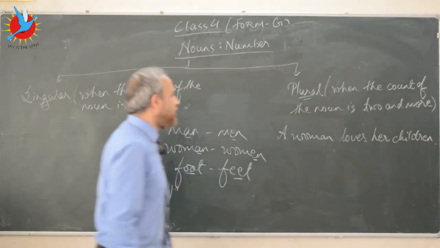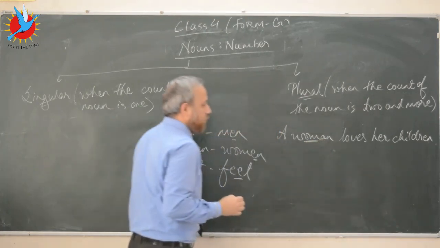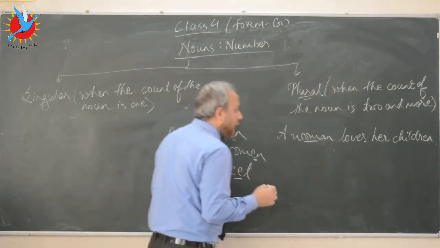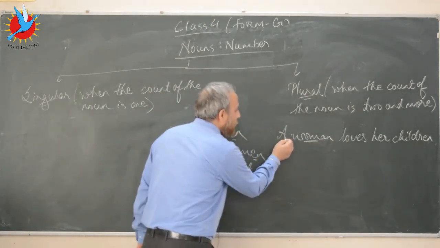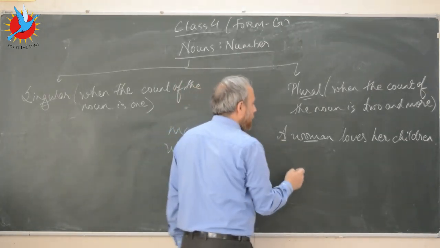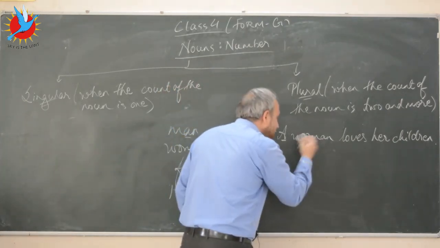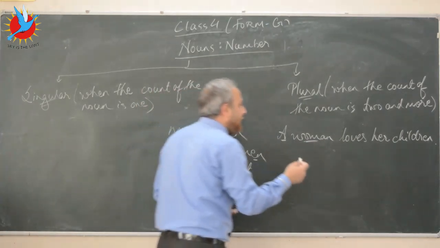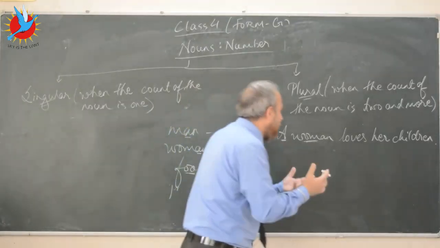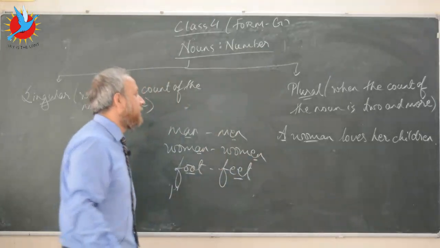So a woman loves the children. Here, before this singular noun, I have used the article a, which is an indefinite article. So what is it that I'm trying to say? Well, I'm trying to say that women in general love their children. That is the sense of it.